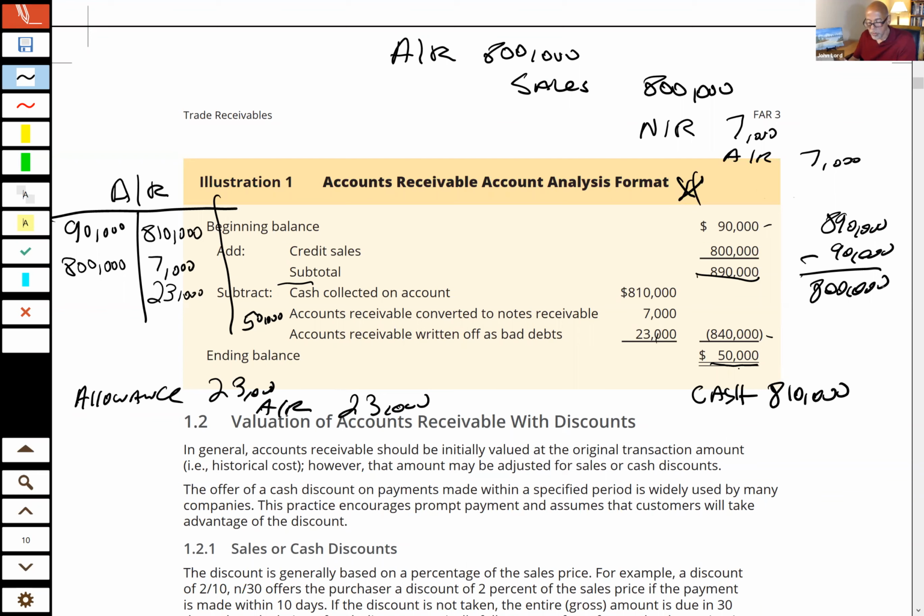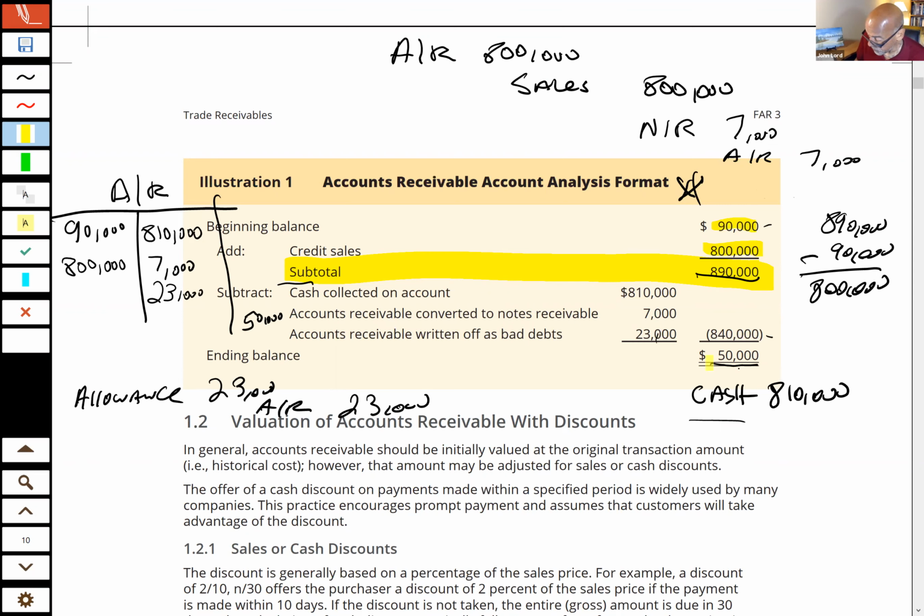You've got to get used to thinking through questions like that, guys. Don't go with whatever you've been doing before. On CPA exam questions, you're going to have to get used to using this subtotal, and taking the information as it's given, figuring out what the subtotal was, and at a beginning balance of 90, what the add would be. Let's say they asked me what the subtracts were. Well, I would take the beginning balance, and they'd have to give me the adds, so it's 890.